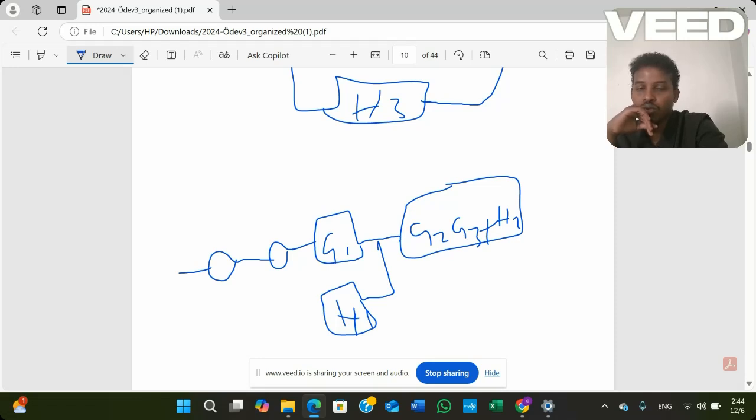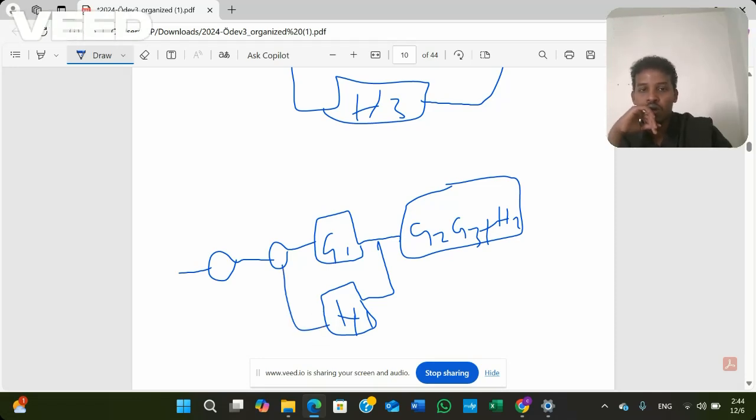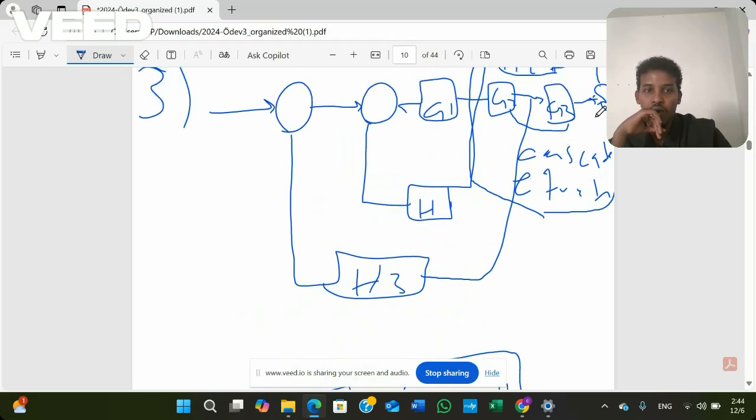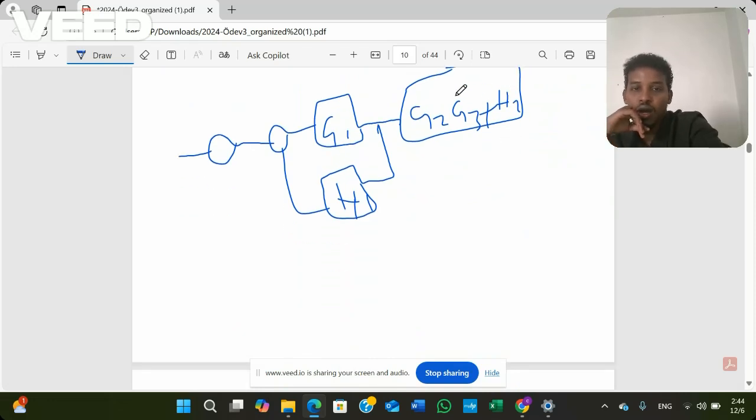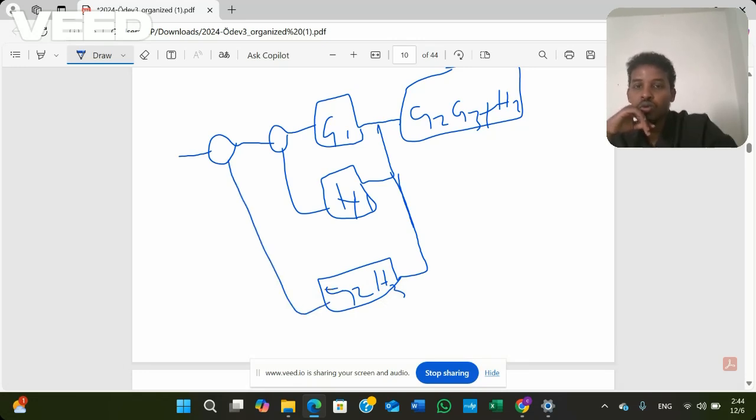H1 will go there, and I also draw this line there for the cascade equation. I'm doing it like this. This will be G2 and H3, which will go there.